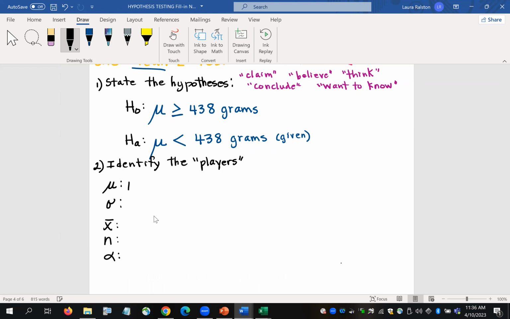Okay, you need the population mean, that's mu. That is the value that you have in the hypotheses. You need sigma, which is your population standard deviation.